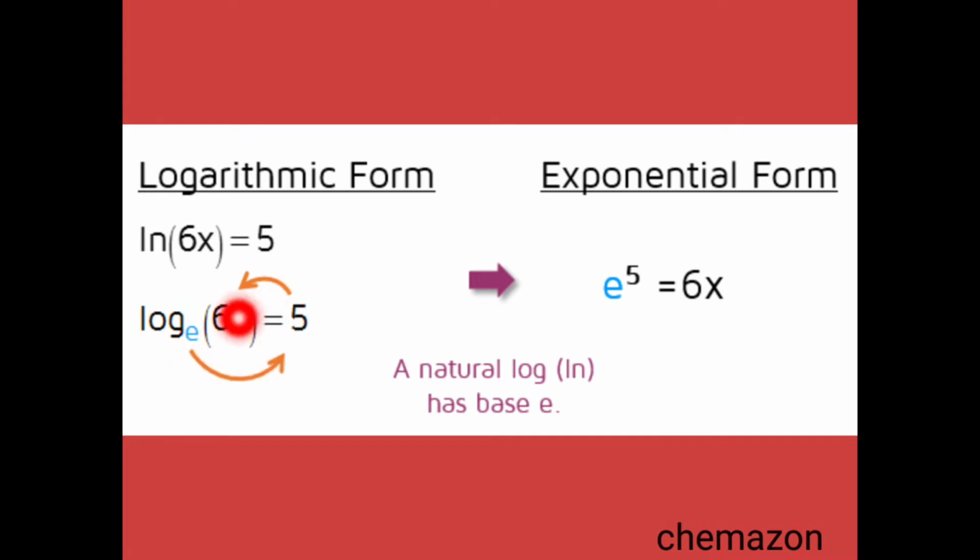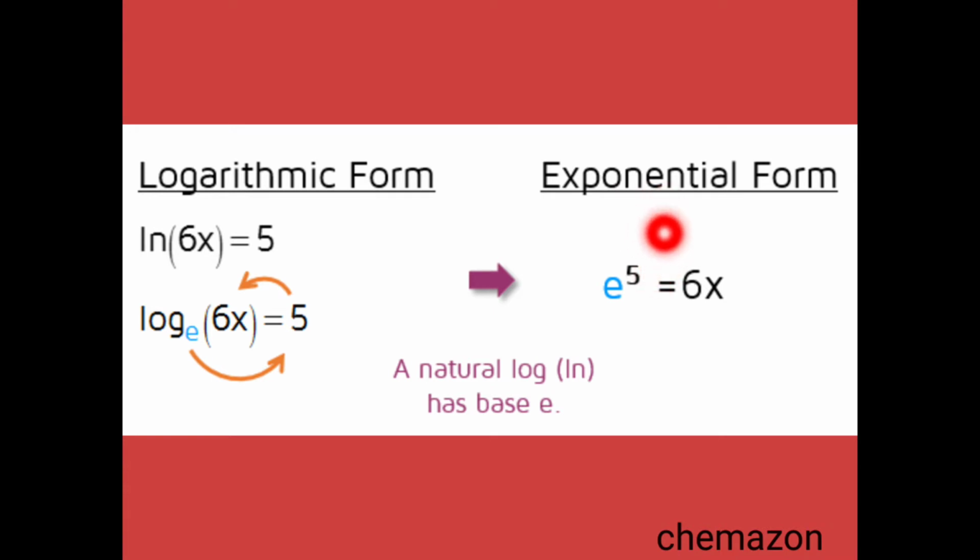that is the value. When you bring e to the right hand side, it will push this 5 as the superscript of e. As you can see here, you bring this e over here and this 5 goes on to the exponential form, e raised to 5 is equal to 6x. It remains like this. So this is the trick that you can use to convert logarithmic form of the statement into exponential form.